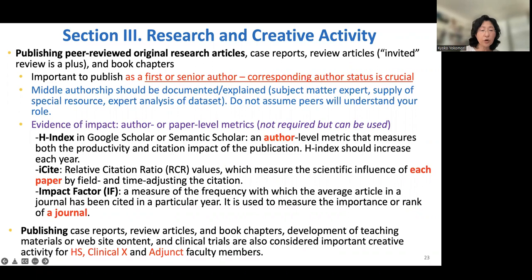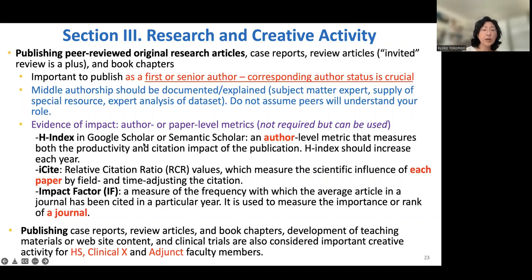Also, for HS clinical X and adjunct faculty members, research papers are not always required for your position. It's completely fine to publish case reports, review articles, develop teaching materials, and also clinical trials. These are really important creative activities that you can list here, okay?